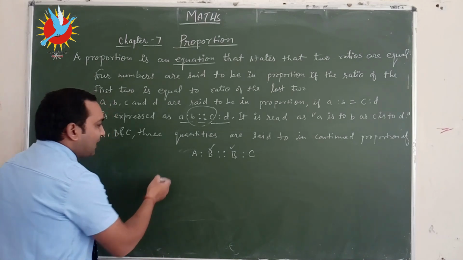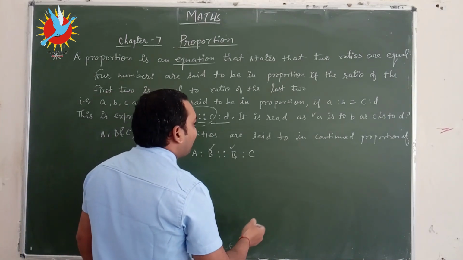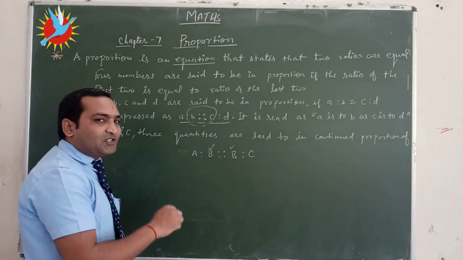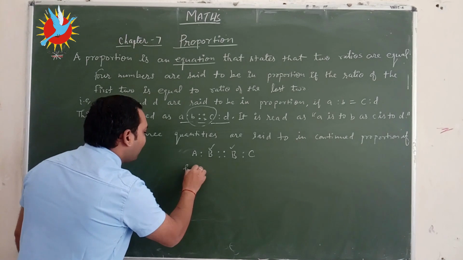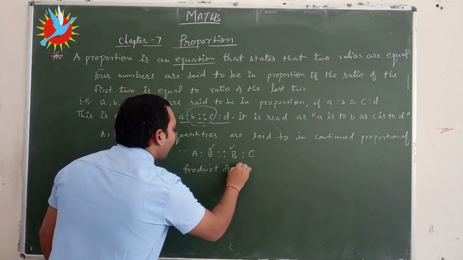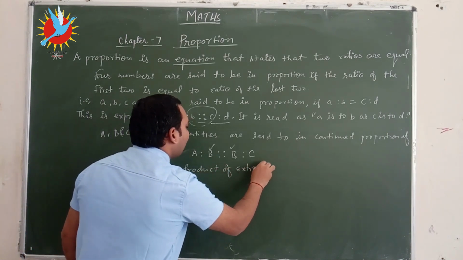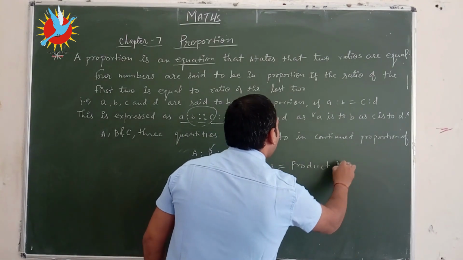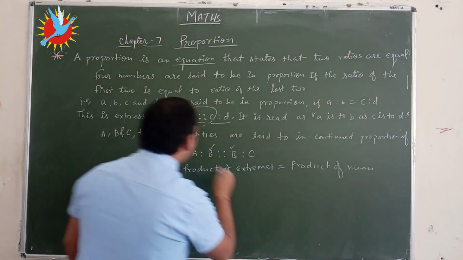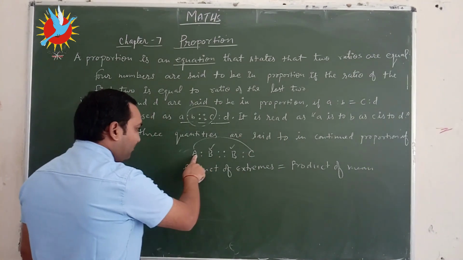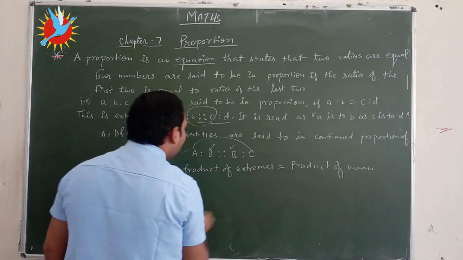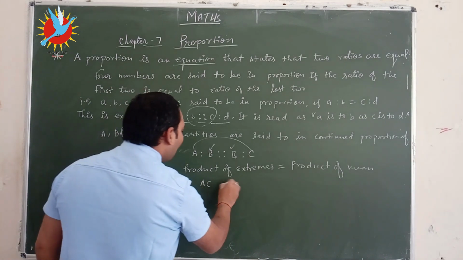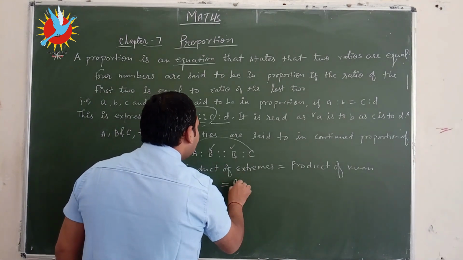By the rule of proportionality, the product of extreme terms is equal to the product of mean terms. Product of extremes is A into C, so AC is equal to B into B, that is B square.